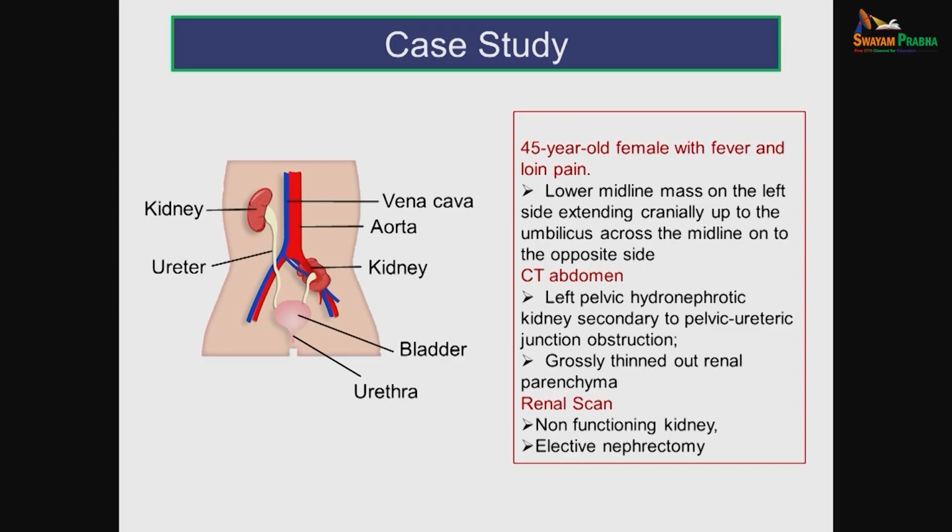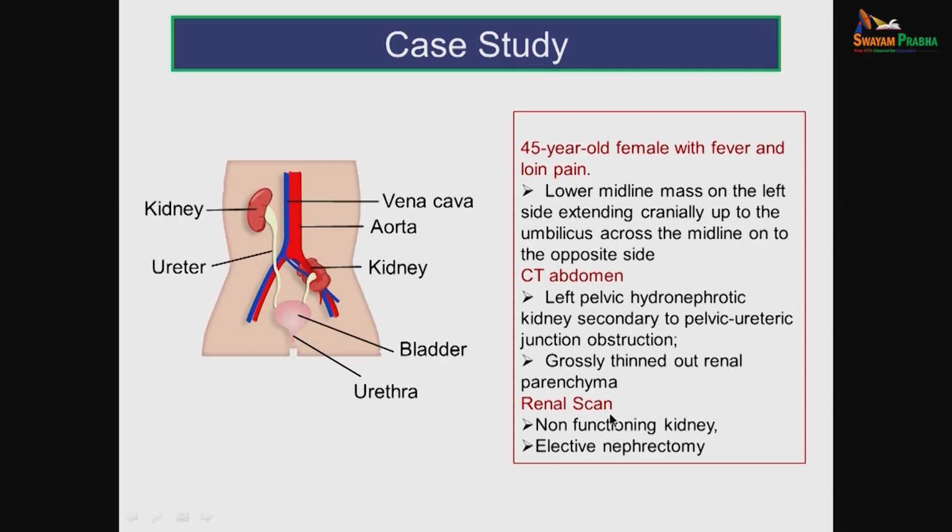A CT abdomen was done which showed a left pelvic hydronephrotic kidney, which was secondary to pelvic-ureteric junction obstruction. CT abdomen also showed gross thinning of the renal parenchyma.